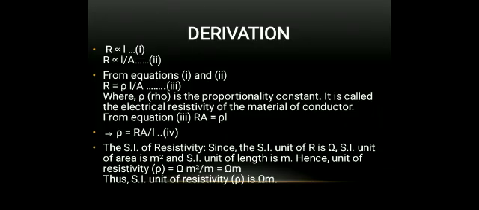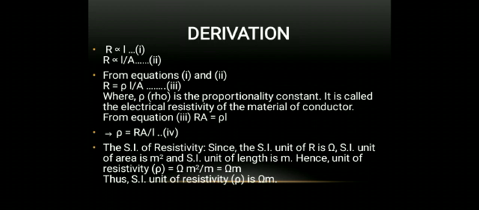So let's derive the expression for resistance. From the previous slide we can say that number 1, R is directly proportional to L, and number 2, R is inversely proportional to area, that is A. So from equation 1 and 2, if we remove the proportionality sign, we get R is equal to rho L by A, where rho is the constant of proportionality and it is also called the electrical resistivity of the material of the conductor.